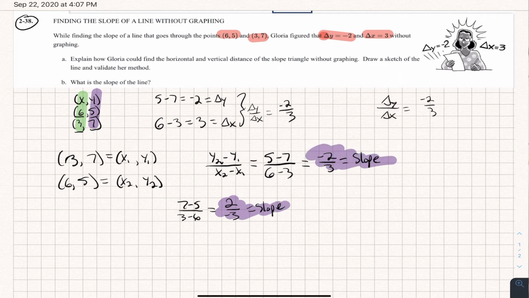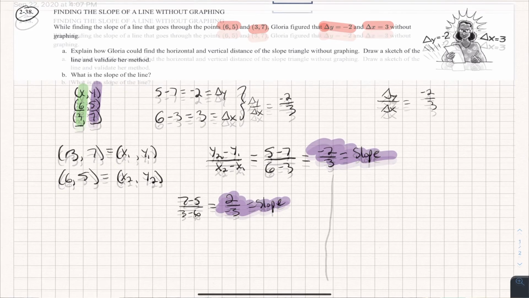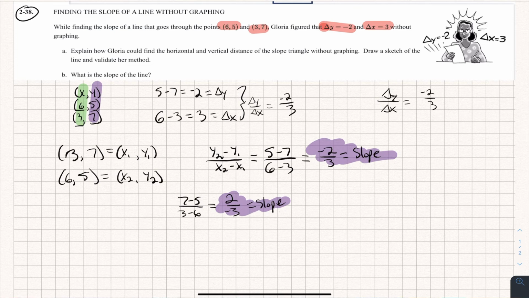But what we're going to do is actually draw the line to just make sure that everything's cool. I'm going to draw these lines real quick for our grid so that we can graph the line to check our work. And so I look and I have the point (3, 7) and (6, 5). So I'm going to go over 3 and up 7.